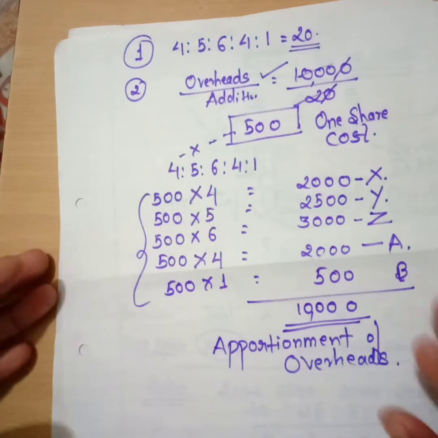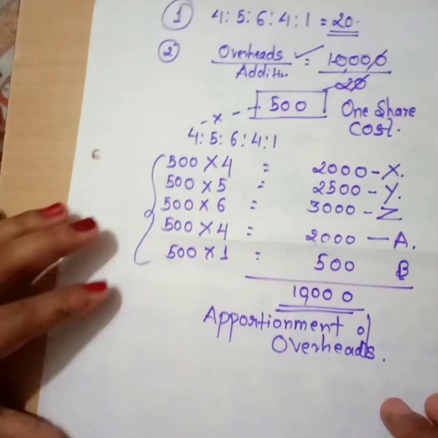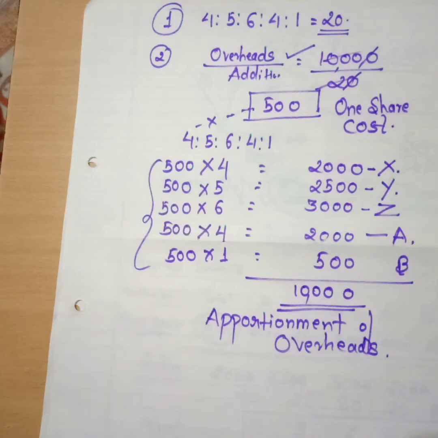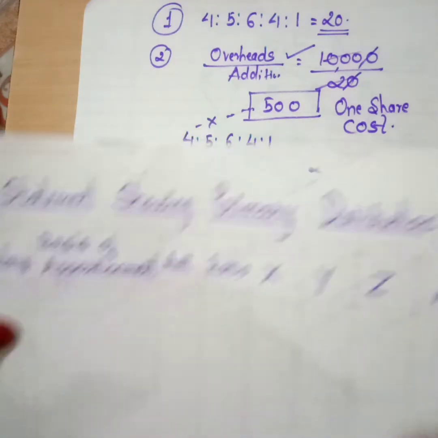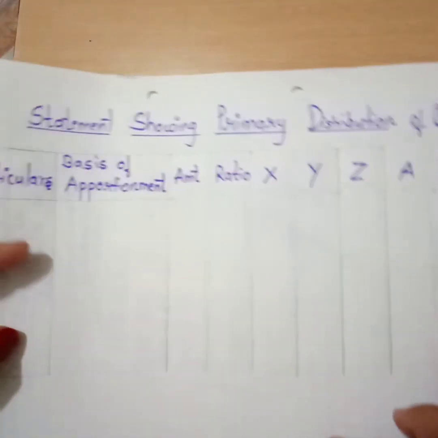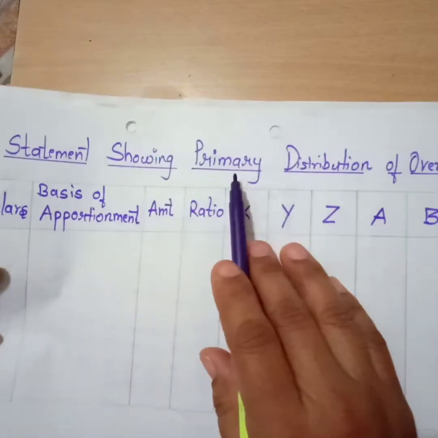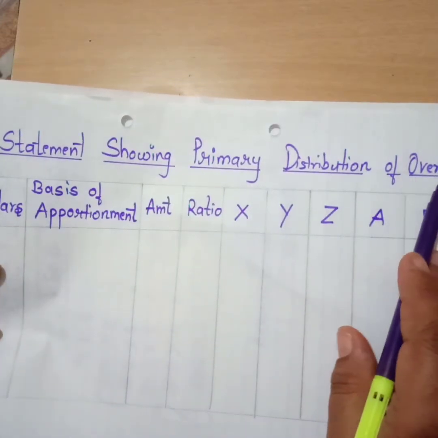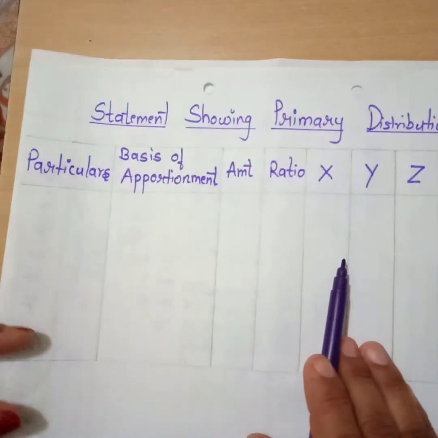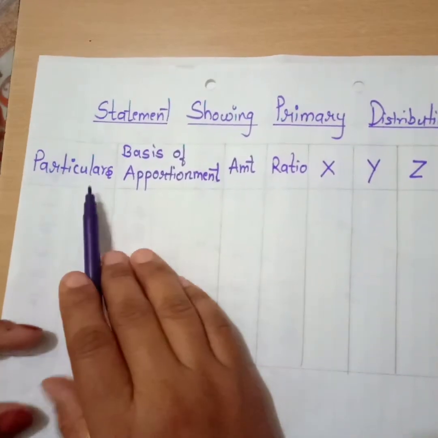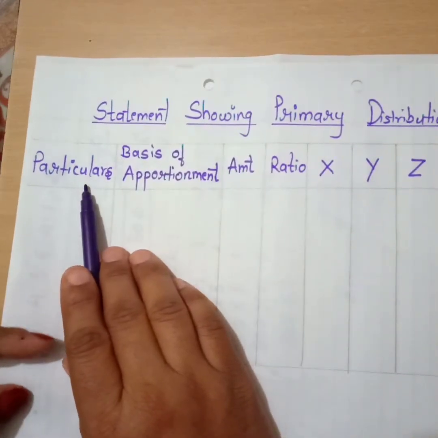Now, the question arises, how are we going to write this in our solution? You have to prepare a format like this. The heading will be statement showing primary distribution of overheads. There will be 9 columns. First column is particulars.